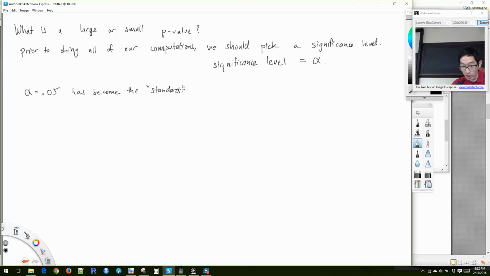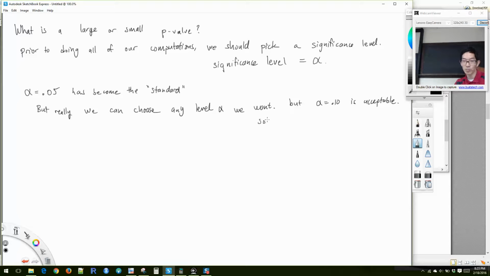But 5% has become the standard; really, we can choose any alpha we please. 5% is probably the most common, but alpha equal to 10% is acceptable. Usually, you don't go larger than alpha 10%.